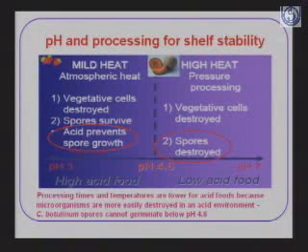On the basis of this pH, you have different processing parameters to attain shelf stability of the food material. And you can see in this diagram that 4.6 is the demarcation pH. Below this pH, that is low acid, high acid foods and acidic foods, you require mild heat treatment. That is, you can process the foods at atmospheric temperatures.